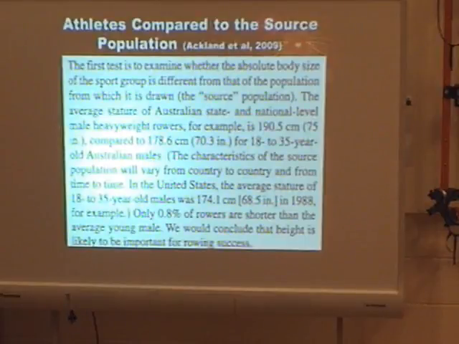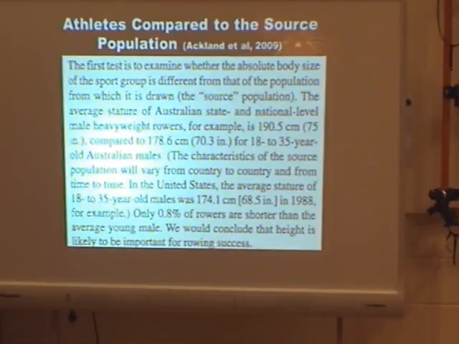So now one of the things that people like to do to try to distinguish athletes from other categories is to compare them to what they call a source population. Now, a source population is just wherever you can pull the athlete from. So let's say if you're in Darwin, your source population would be the whole population of Darwin.